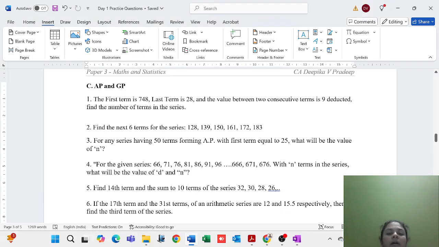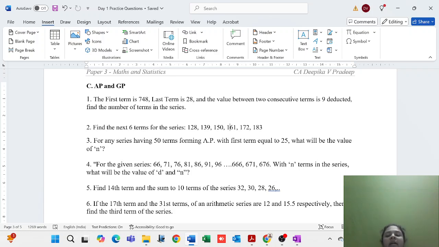Next, find the next 6 terms of the series: 128, 139, 150, 161, 172, 183. Now friends, first try to find out whether it is AP or GP. 128, 139. 139, 150. What is the gap? 139 minus 128 gives you 11.